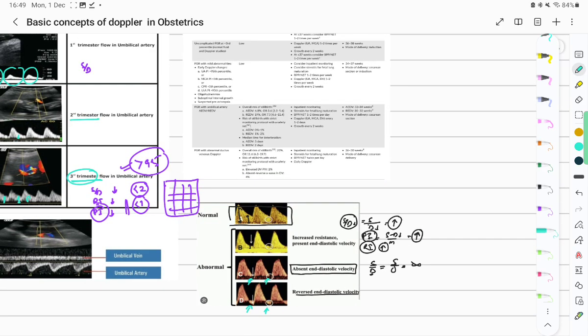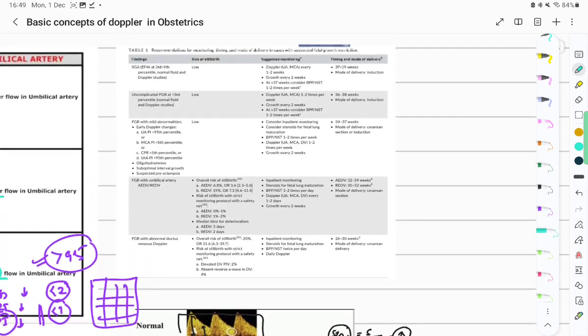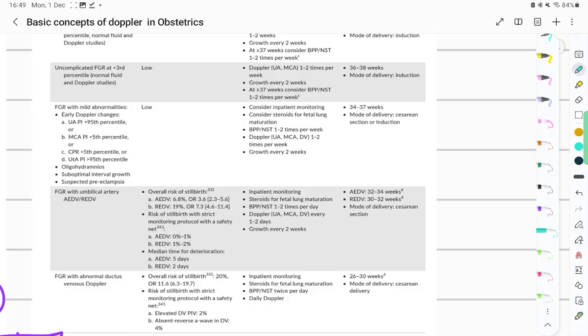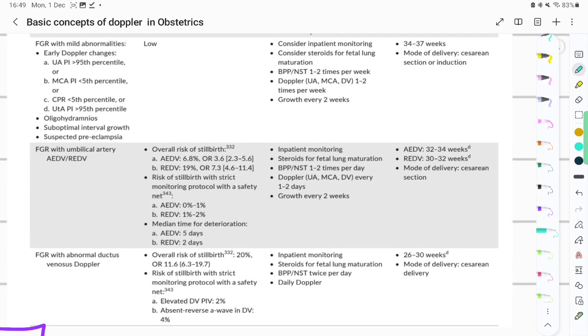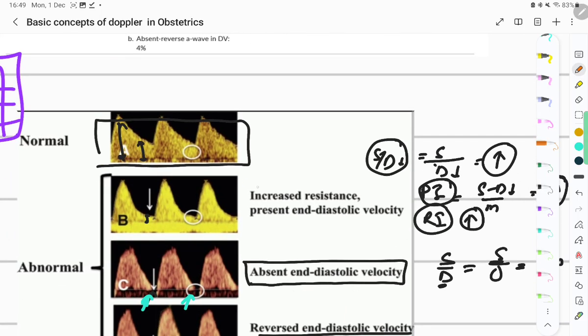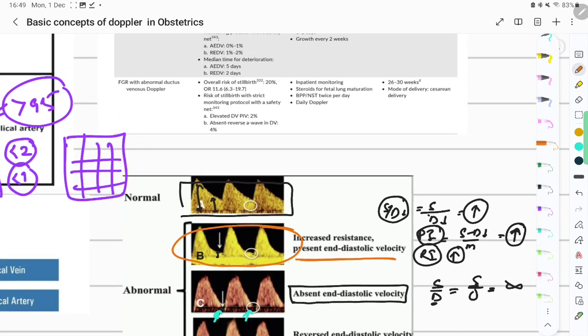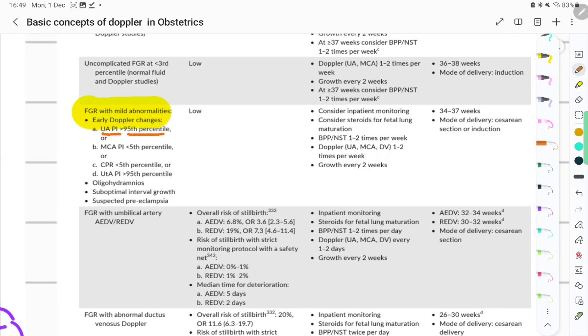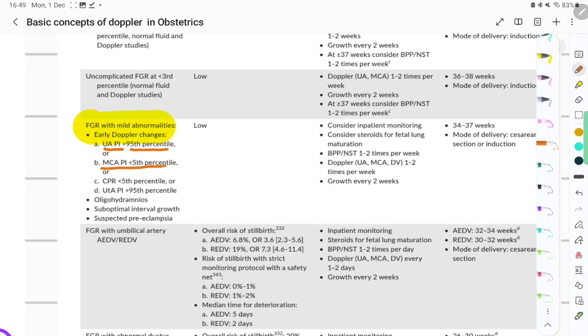So when to terminate this patient or how to manage this patient, this is the FIGO guideline. What FIGO says, see, FGR with mild abnormalities, like if the umbilical artery PI is more than 95 percentile, that means there is reduced end-diastolic flow, or MCA PI, MCA is middle cerebral artery, or CPR is less than 5.